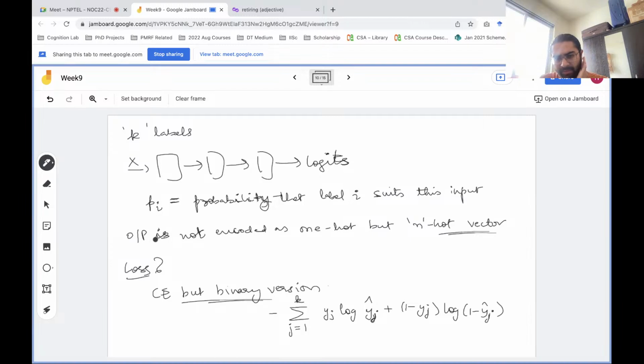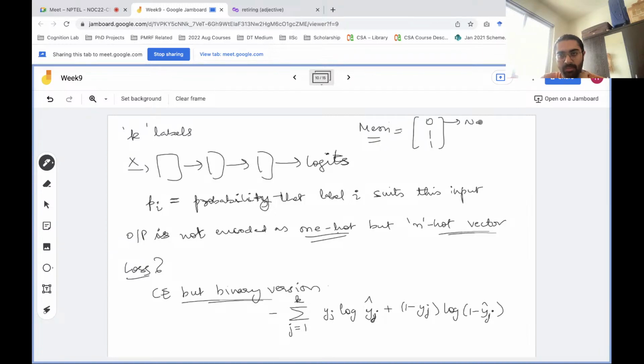So what we do is we basically don't encode the output as a one hot vector, but rather an n hot vector, right? So whichever label this particular sample belongs to will have a one, and the remaining won't have one. For example, for the Messi news, I'll have 0 1 1 in some sense.